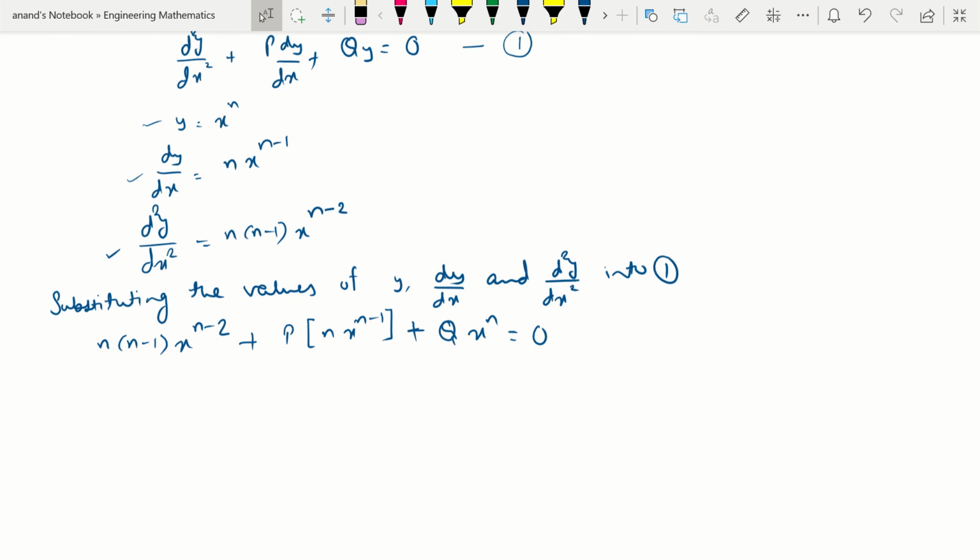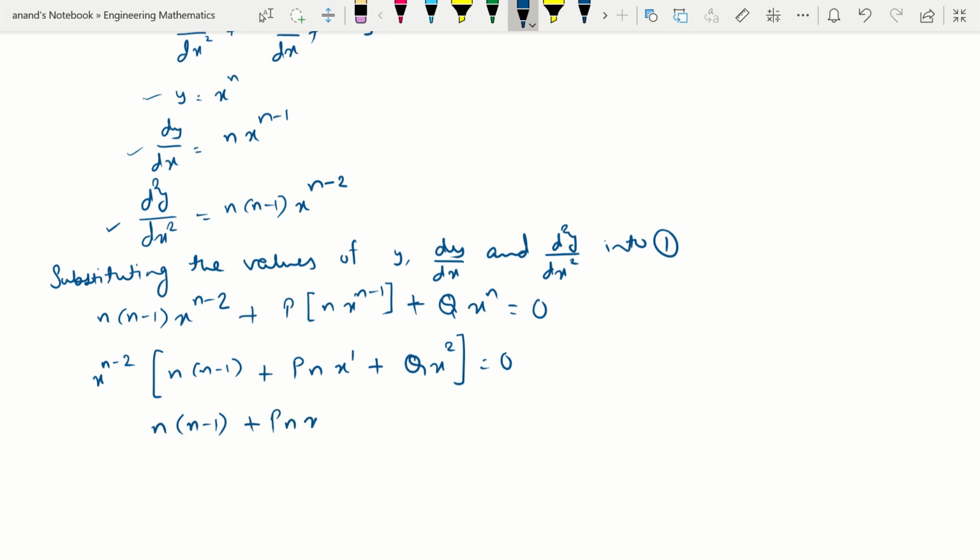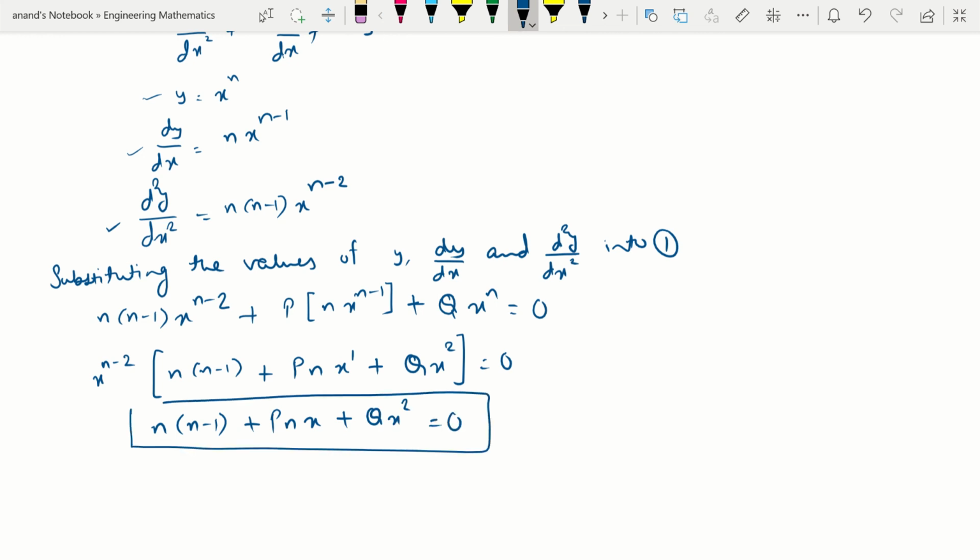So here, by taking x to the power n minus 2 as common, we get n into n minus 1 plus pnx plus qx square equals to 0. This is the required condition.